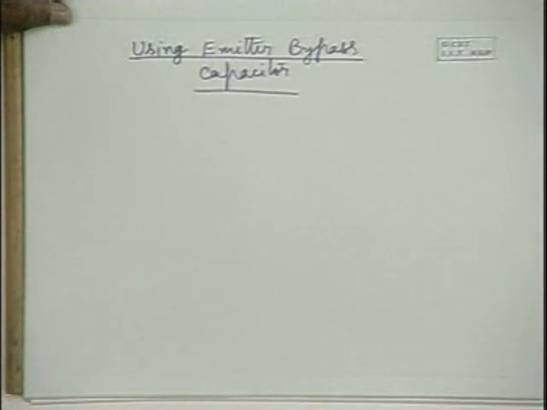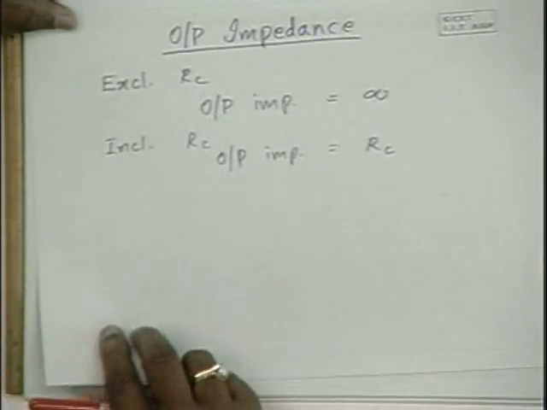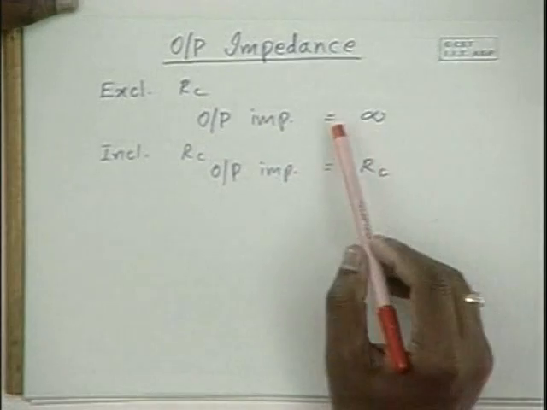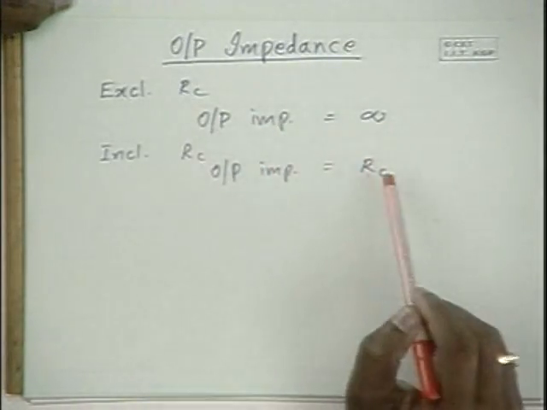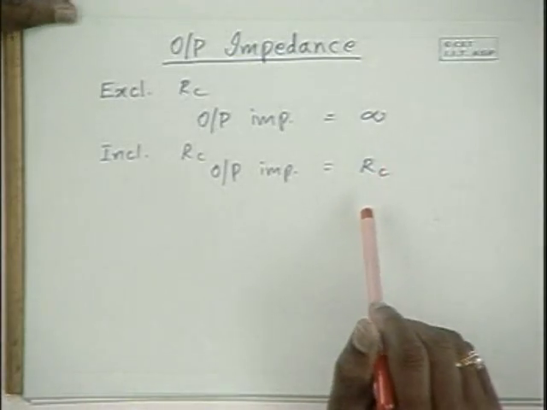So as far as the output impedance is concerned, there is no change, and with RC excluded it is infinity, and with RC included it is RC.